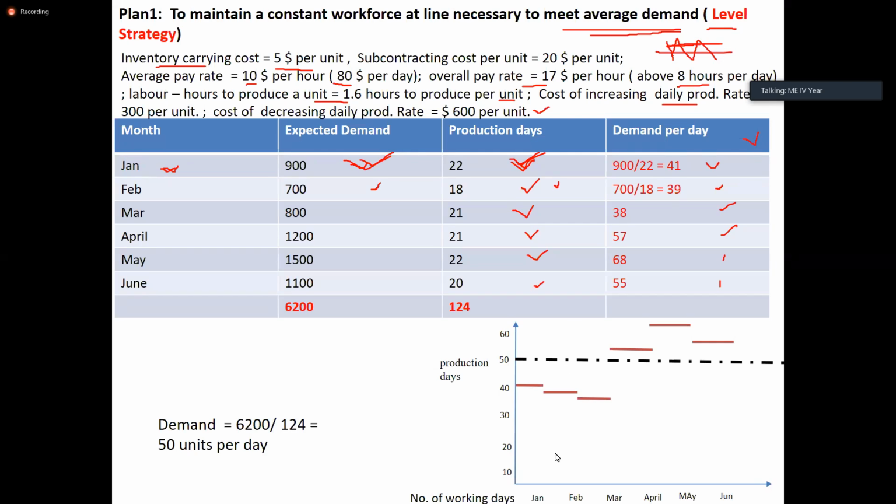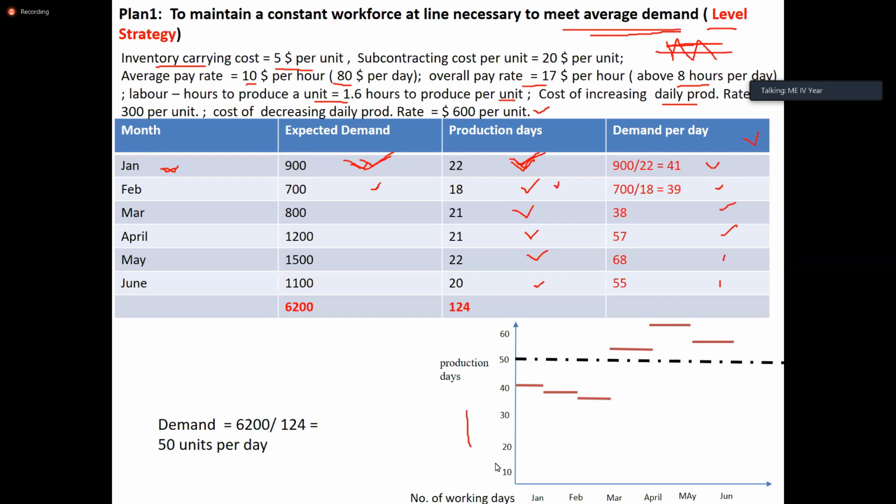Here also I drew one small graph. The x-axis will be months, and the y-axis will be demand, sorry, demand per day.